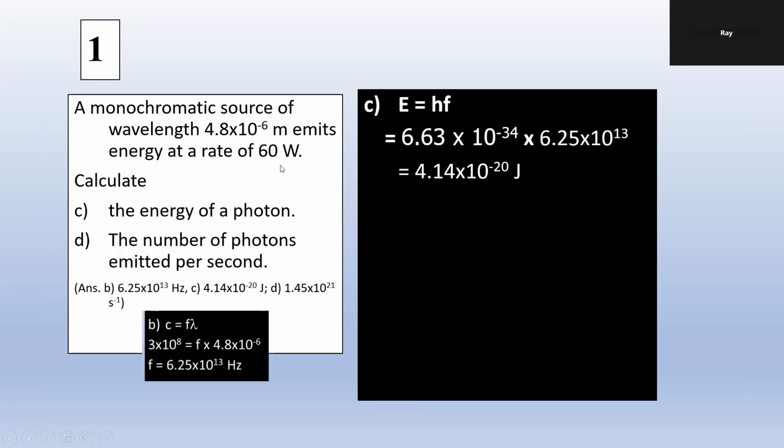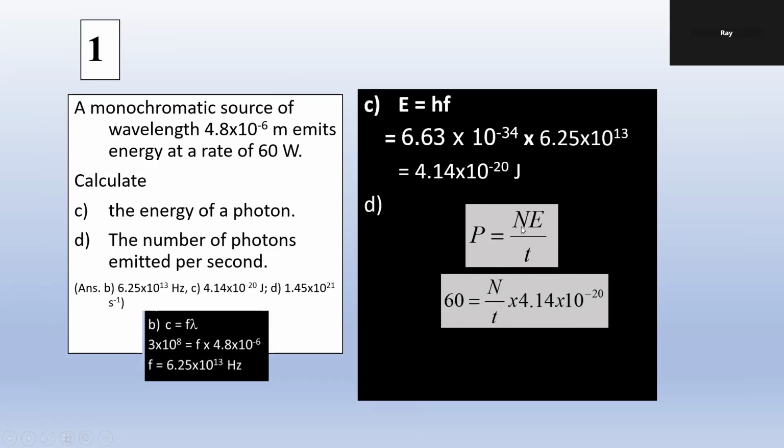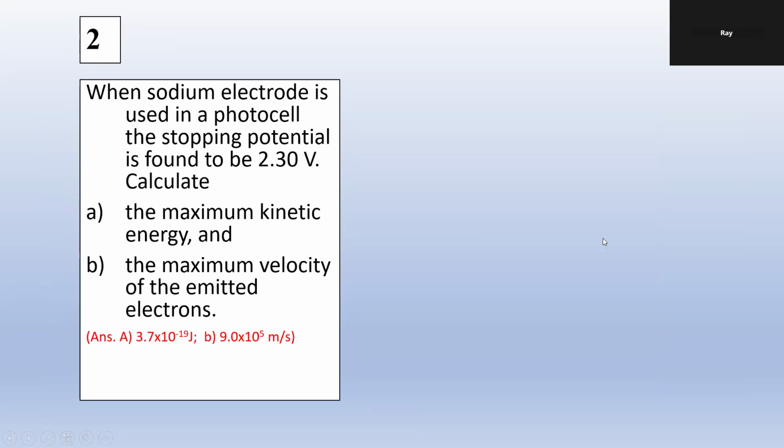You can get the answer, 1.45 times 10 to the power 21. Just use this formula. Power is NE over T. E is the energy that we have calculated. N is the number of photons, and T is time, the rate of photons falling on the metal surface. P is 60 watt. This one we have calculated. Okay, good. You got the answer.